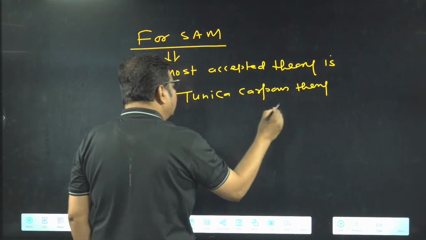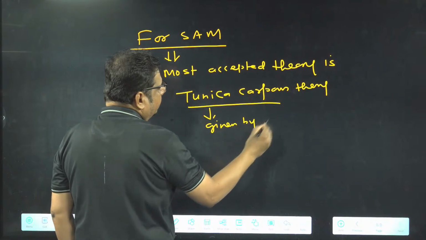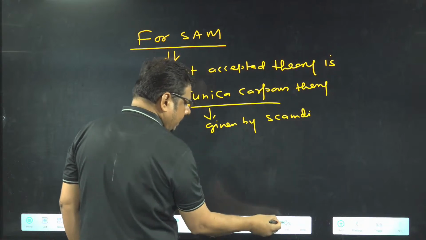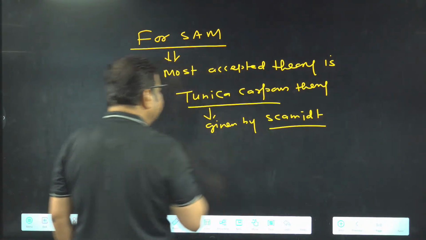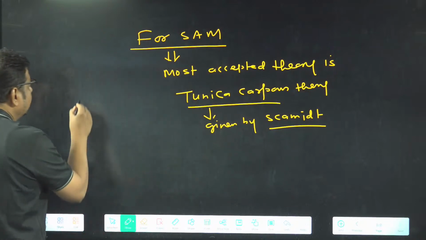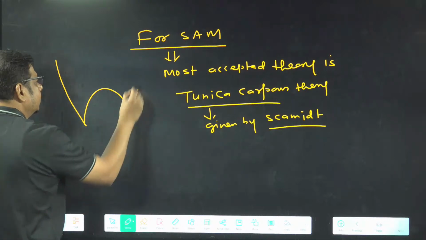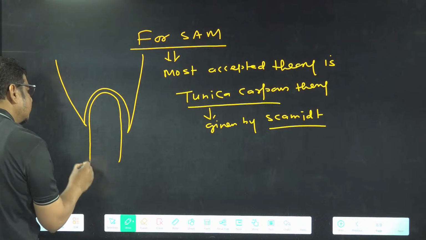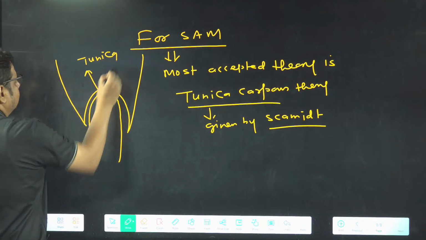And this tunica corpus theory was given by Schmidt. Getting the things. So he told for shoot apical meristem, this is tunica and this is corpus.